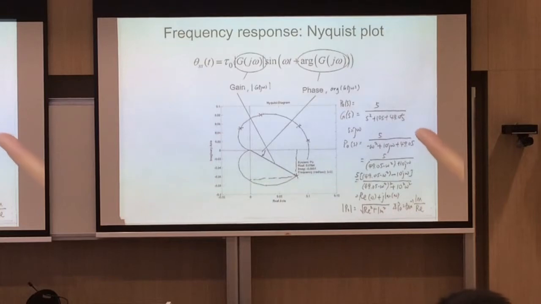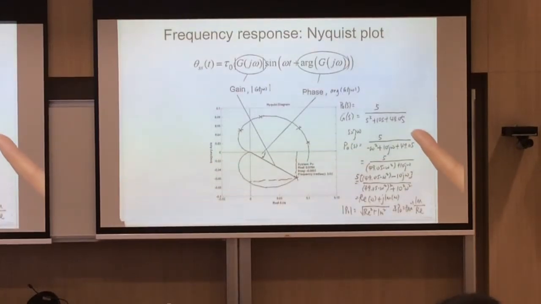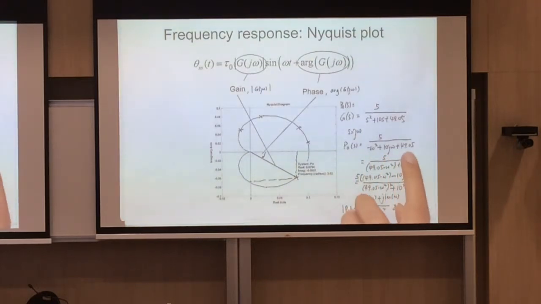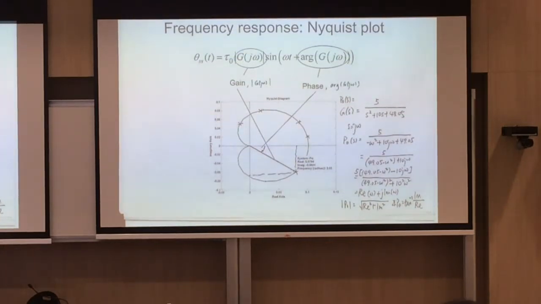So first of all, s equals j omega, so we substitute that in. S squared is negative omega squared, plus 10 j omega plus 49.5. You multiply the denominator by its conjugate, and you make sure that you have just pure real values in the denominator.